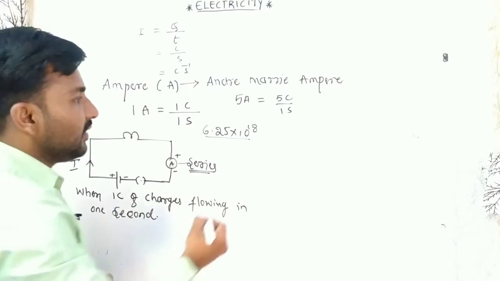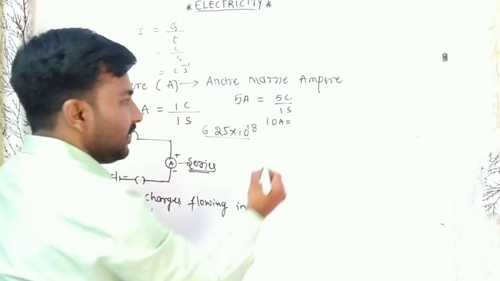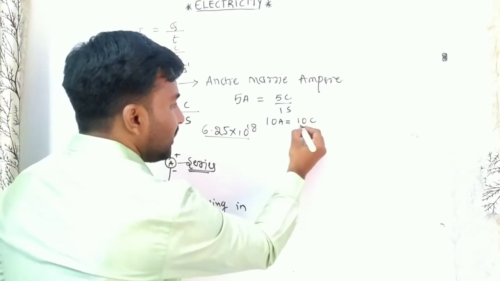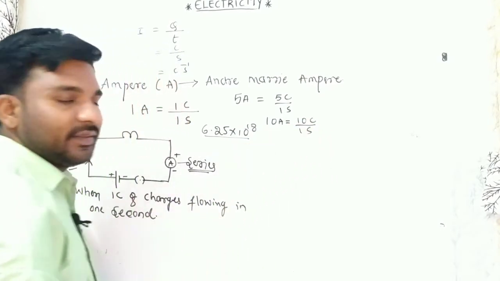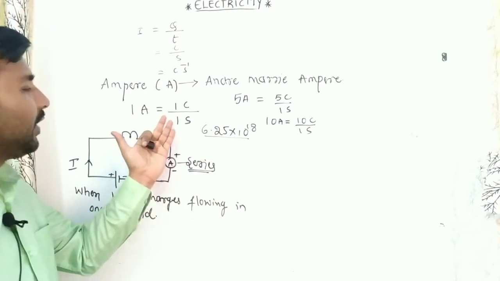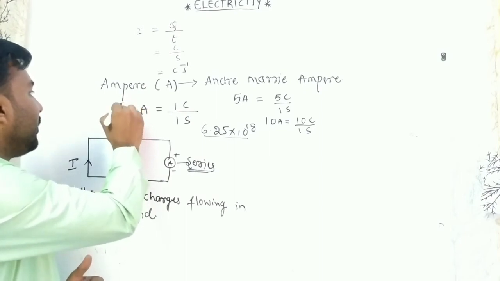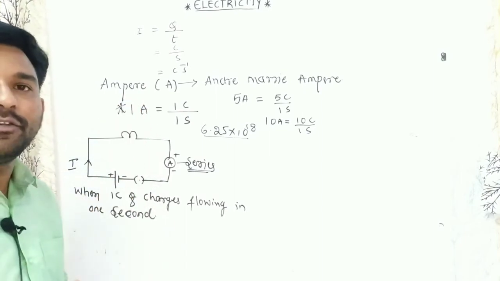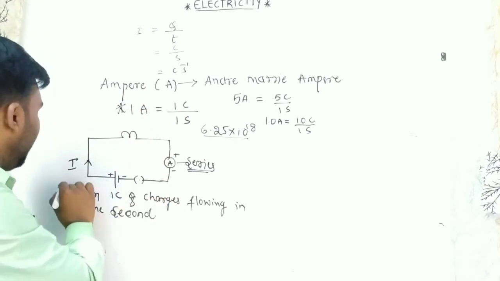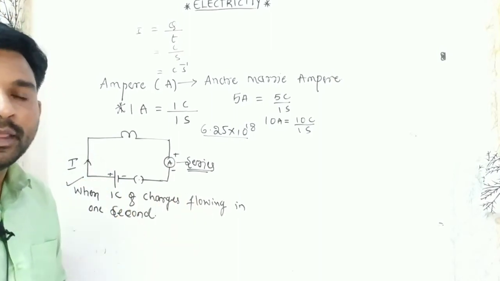Are you getting? Similarly, current of 10 ampere means 10 coulomb of charge are flowing in 1 second. So this is the meaning of 1 ampere current. This is very important from the examination point of view. If asked to define the unit of current, at that time you need to write the meaning of 1 ampere current.